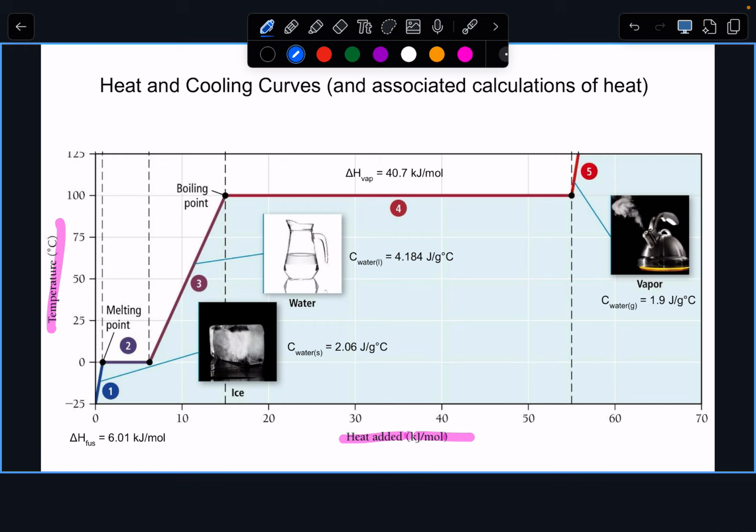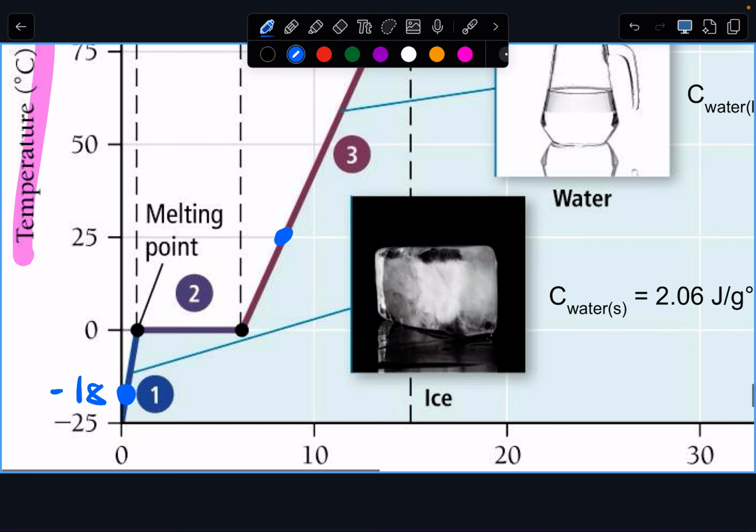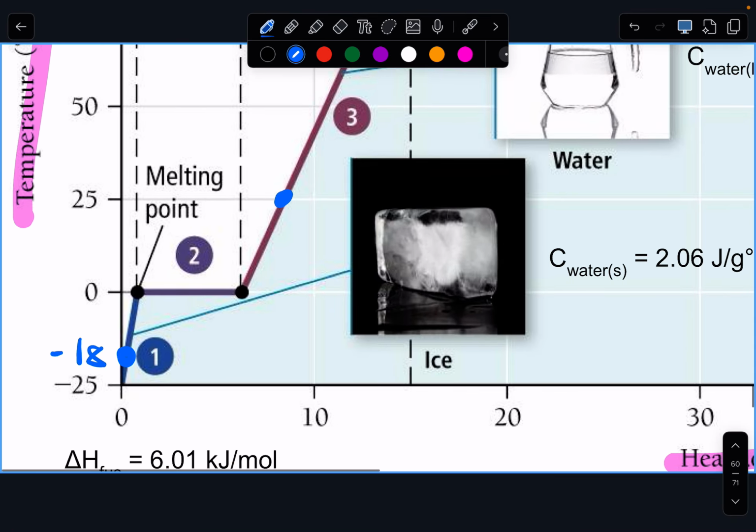We're going to start that at negative 18 degrees Celsius. And we're going to talk about the process of heating that ice cube up, allowing it to melt, and then bringing it up to room temperature at 25 degrees C. So we're specifically going to be looking at this little segment of the heating curve.